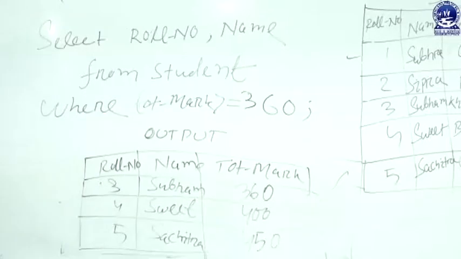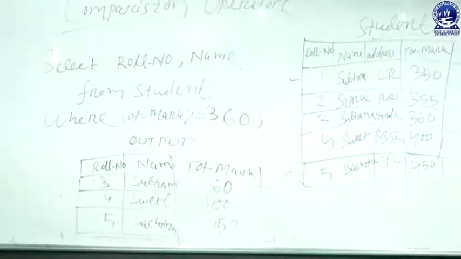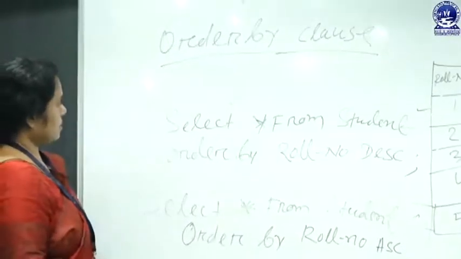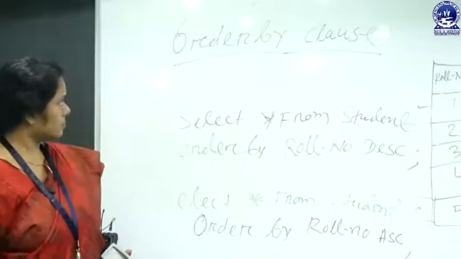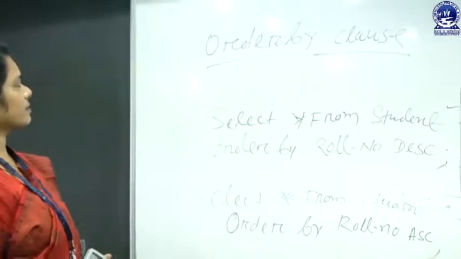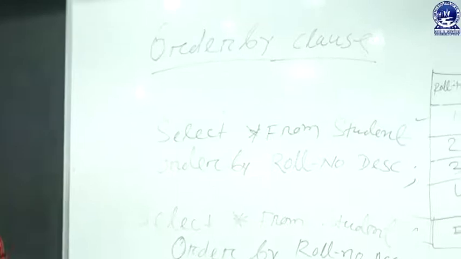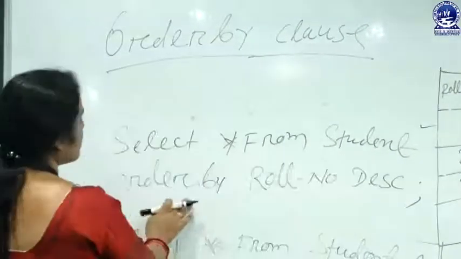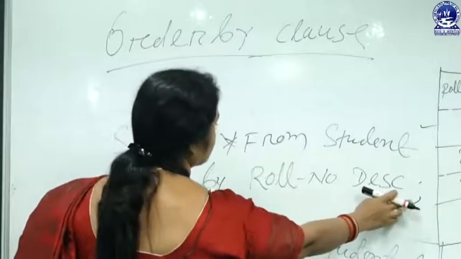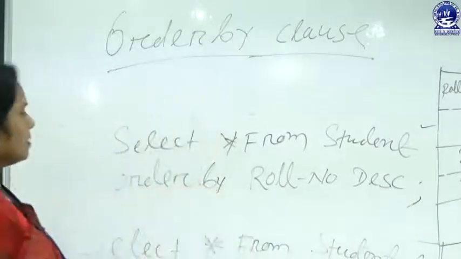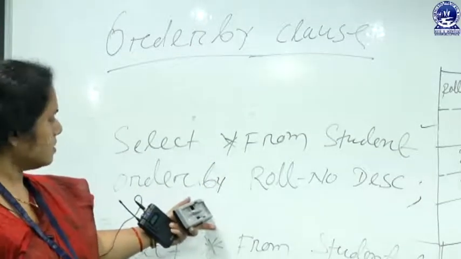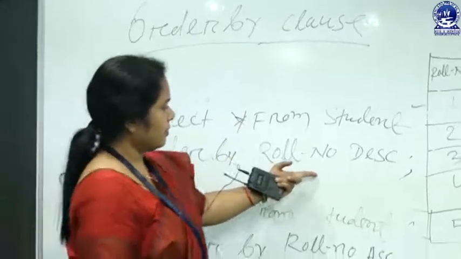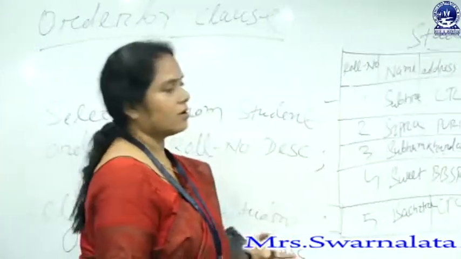This is all about the comparison operator. Next clause is the order by clause. To show the use of the order by clause, here is an example. Select star from student order by roll number DESC semicolon. After executing this command, it will display the roll number column in descending order.